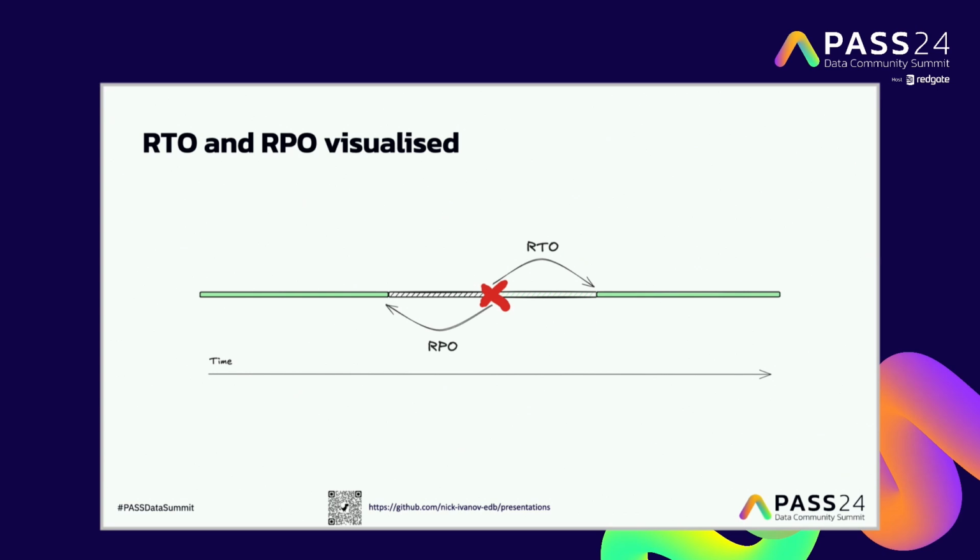So your objective is to shorten it. And similarly, the gap between the moment of failure and the time going back where the data might be lost just prior to the failure is your recovery point objective. So your goal is to squeeze that also to the minimum.